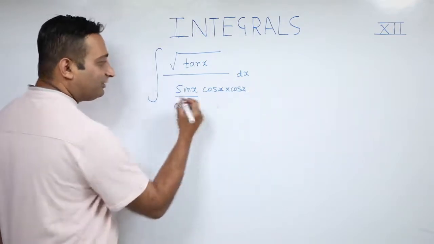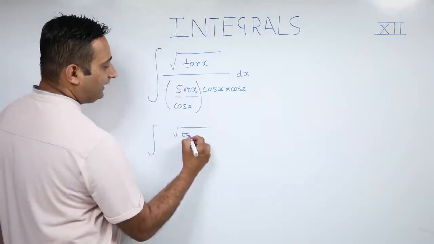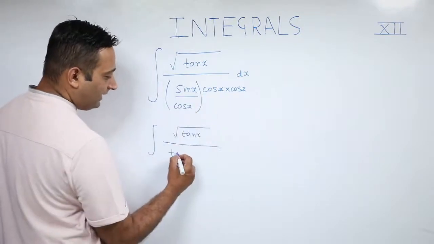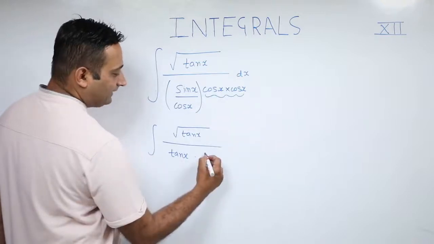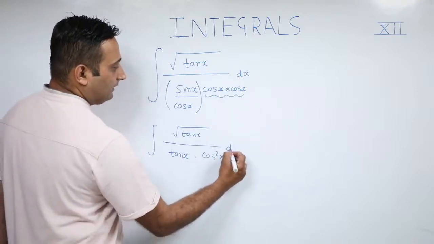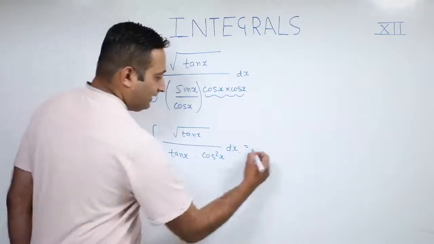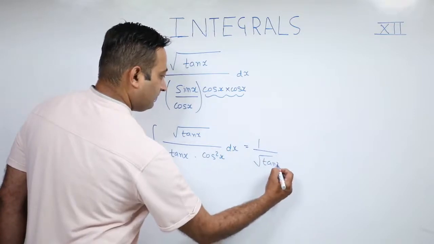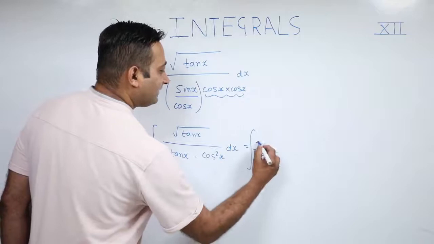So we can rearrange the things and we can rewrite it as root of tan x divided by, we can write sin x by cos x as tan x into, we have cos square x present. Now we can write root tan x by tan x as 1 by root tan x and 1 by cos square x as secant square x.